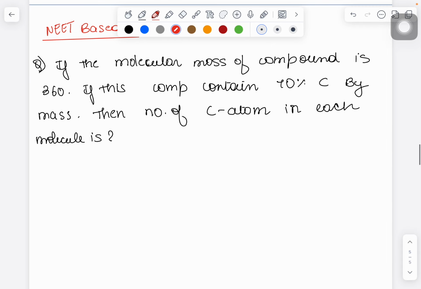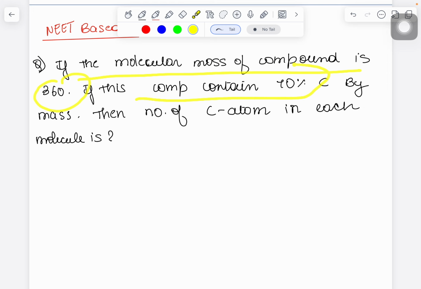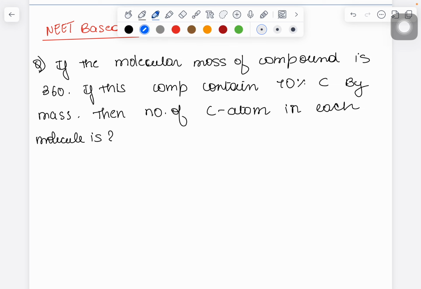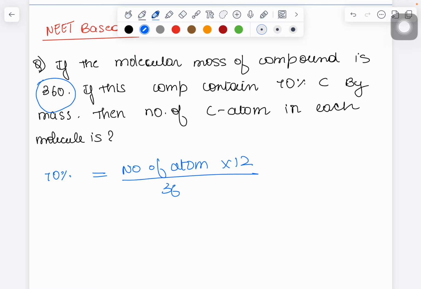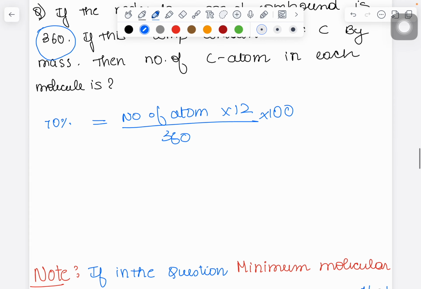Okay, the next question. If the molecular mass of a compound is 360, and this compound contains 70% of carbon by mass, then find the number of carbon atoms. Again, the same formula, I will solve it directly. The mass percentage 70% is equal to the number of atoms, and the atomic mass of carbon is 12, divided by the molecular mass already given, that is 360, into 100. So we have 70 into 360 divided by 12 into 100 is equal to the number of carbon atoms.